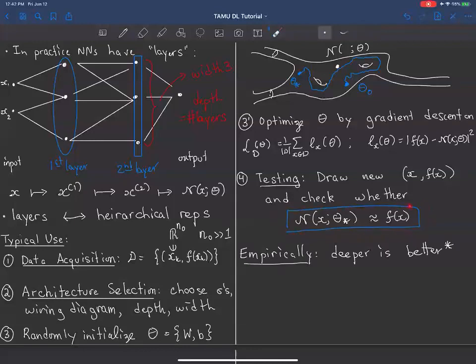In other words, doing well on new inputs x. Why this is not completely understood theoretically, but it's an empirical fact with an asterisk, which I'll get into in the second half of the talk, that deeper networks are also often harder to train. So in the second part of the tutorial, I'm going to try to explain what are some of the basic principles for choosing your architecture and how to think about the trade-offs that you're making. So that's kind of going to be the more specialized goal.